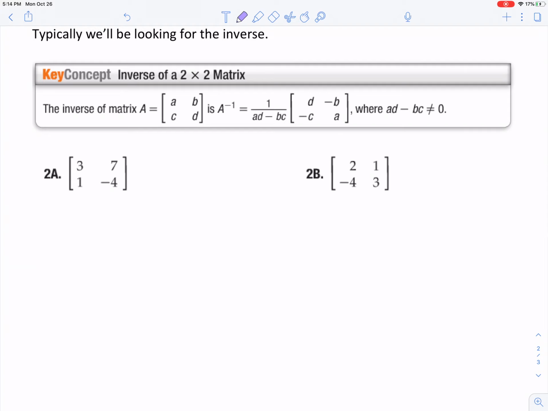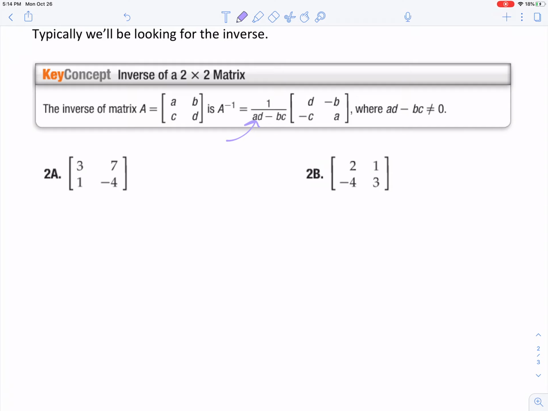Okay, let's go ahead and actually figure out, how do you find that inverse matrix? What you do is check out this pattern up here. Basically, find the determinant and put it under 1, right? Because that's what AD minus B times C is basically, a determinant, right?